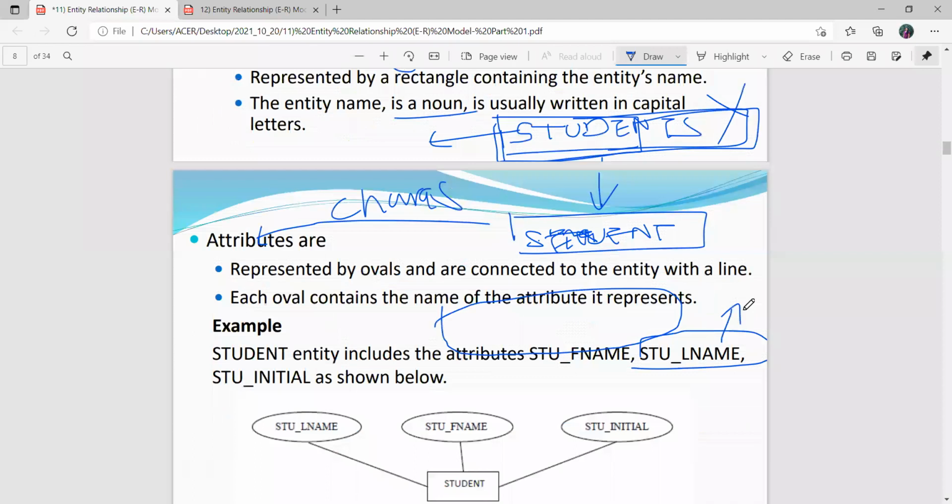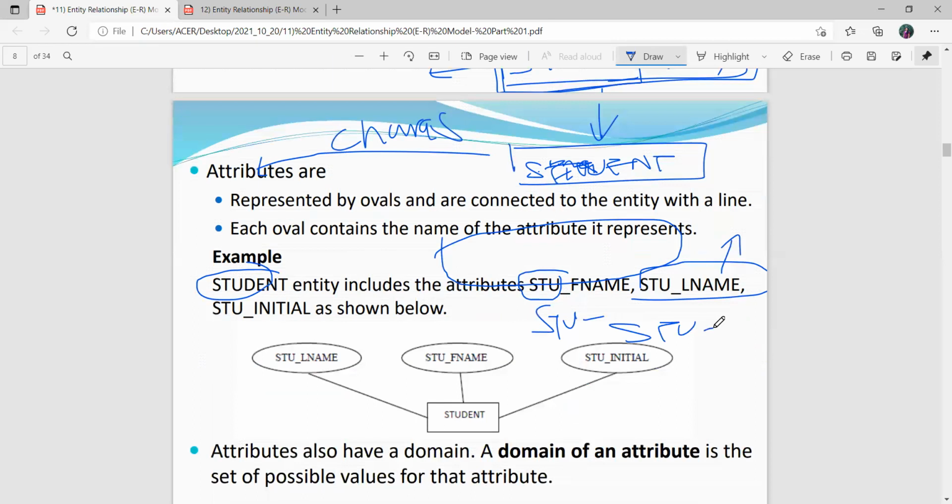It is not a rule, but you should practice writing it in capital letters. When we consider the student entity, it includes the student first name, last name, initials, and we can use STU, the shortened form of student, like STU address.